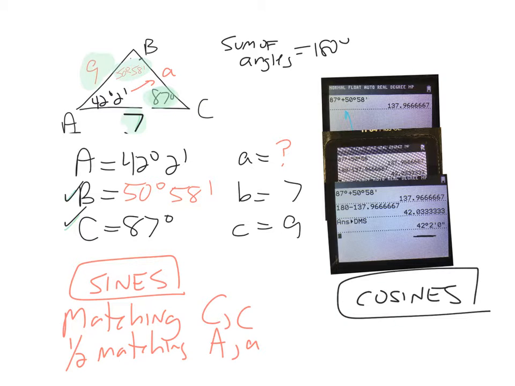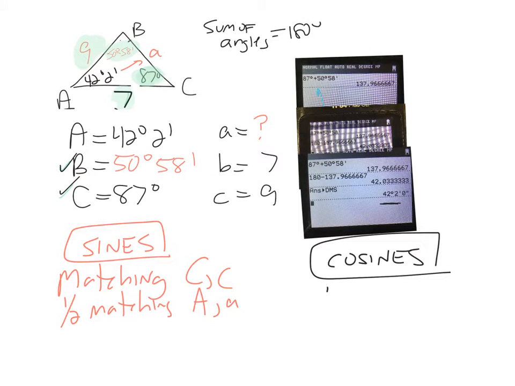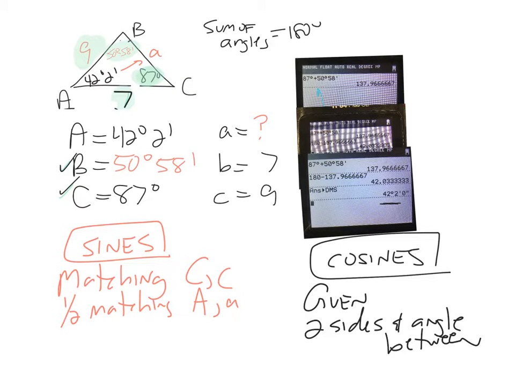Because remember, when you use the law of cosines, if you have two sides and the angle between, here you have side C, you have side B, and the angle in between is angle A. You have this 9 and this 7 and the angle in between of 42 degrees and 2 minutes.